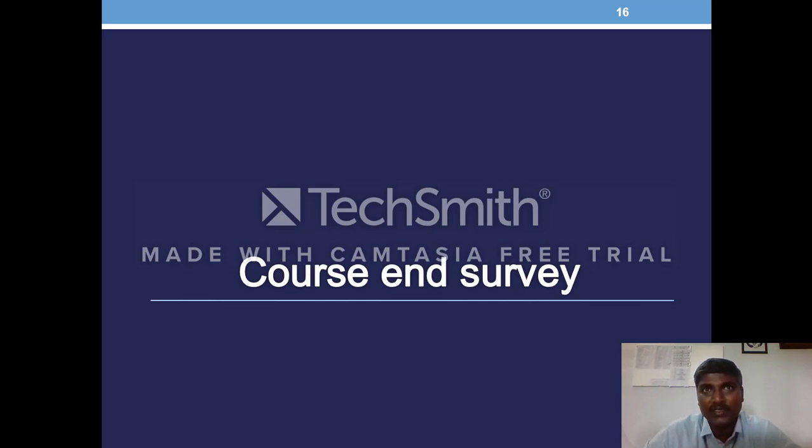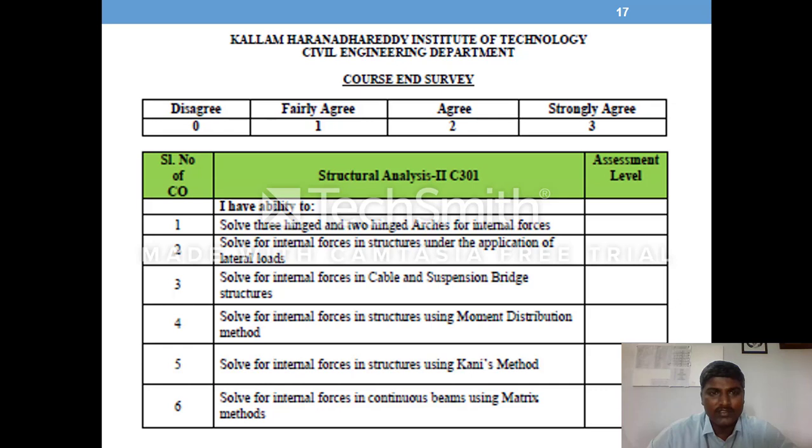And let us see the course end survey, which means the indirect assessment tool. Okay, so this is something like how the course end survey form appears. Each student, after completing his course, for example, structural analysis 2, I have prepared it for structural analysis 2, is going to assess himself and give the assessment level based on his own experience in the course.